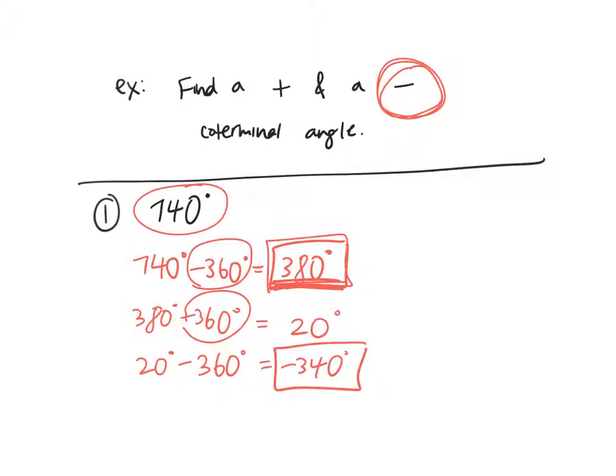So for your final answer, I say find a positive and a negative coterminal angle. You just need to give me one positive. It could have been 380, it could have been 20, or it could have been 740 plus 360, right? There's an infinite number of possibilities. You just need to be able to give me one correct one. And then you have to give me one correct negative coterminal angle.